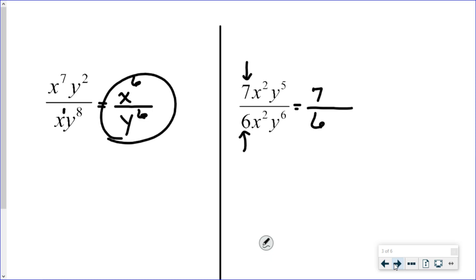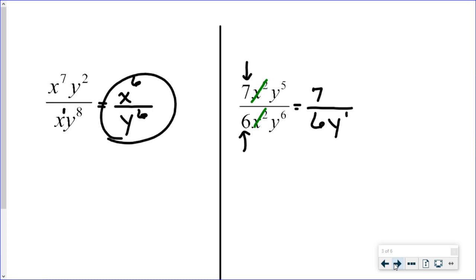What happens when there's the same exact variable on the top and the bottom of a fraction? They cancel out. So that would be like saying 2 over 2. Well, x to the power of 2 over x to the power of 2 becomes x to the power of 0, which just cancels to 1. And now for y's, where's the bigger exponent? Subtract them.